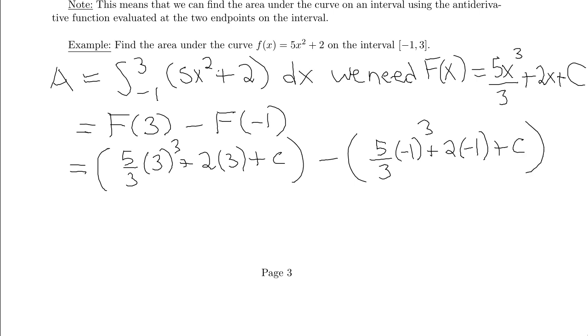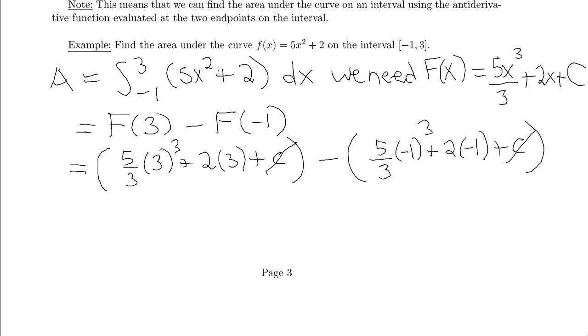The first thing that I want you to notice is that these plus c's cancel. You have a plus c in the first part minus another plus c. And that's always going to happen when you have a definite integral. So when we have an integral with numbers on the bounds, the plus c is always going to cancel. In fact, we normally never put it there for a definite integral because it always cancels.